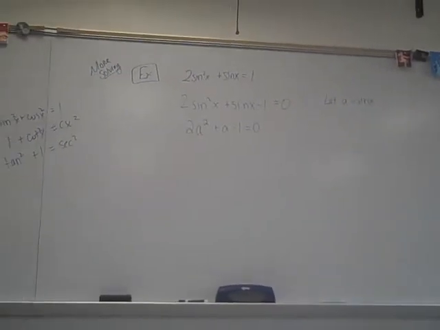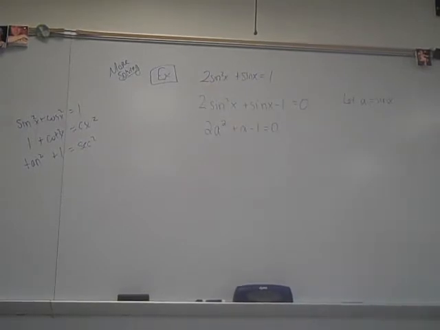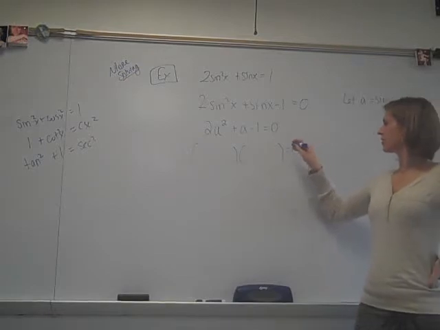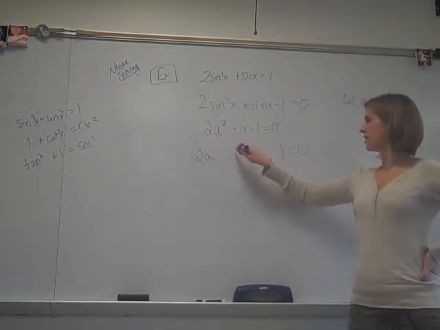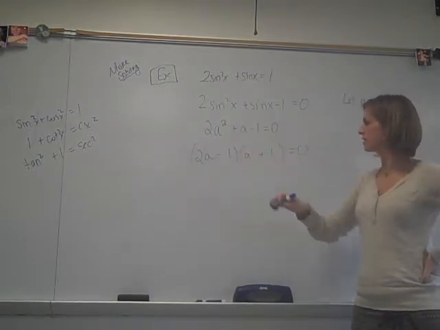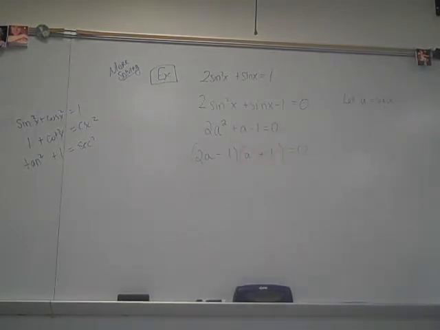No, it's good. I appreciate it. So when it looks this certain way, this is what you're going to do with it. So if we factor it, 2a and a and 1 and 1, and this will be plus, and this will be a minus. Yeah, that's right. But the trick is to put sine back in, because a does equal 1/2 and -1, but your answers are not 1/2 and -1.